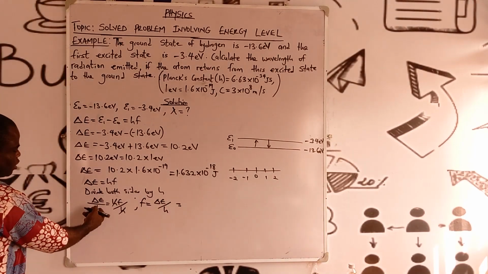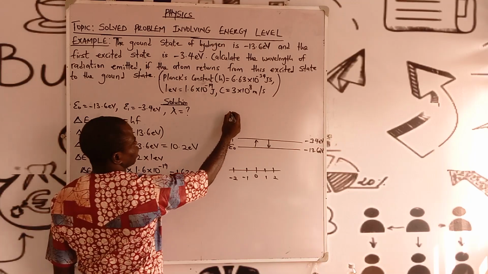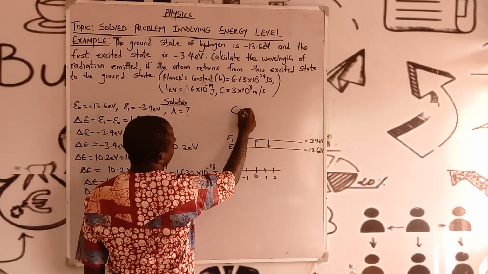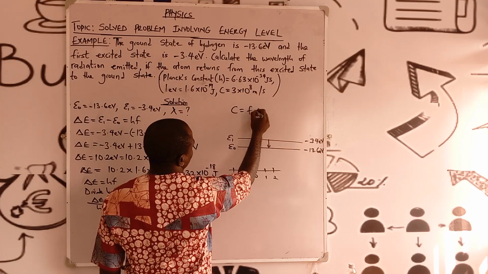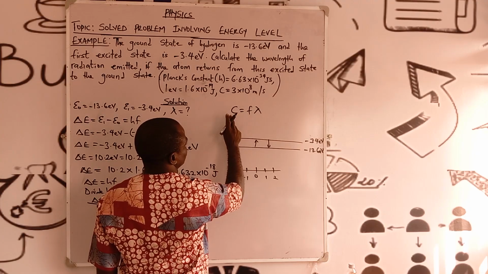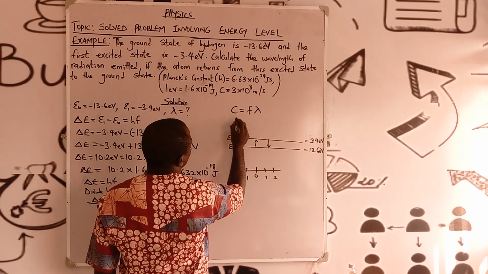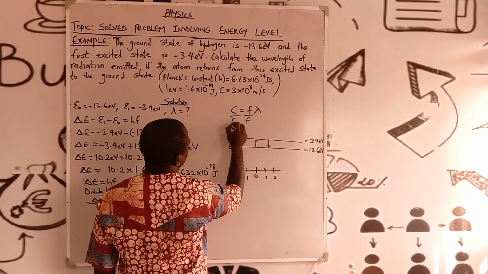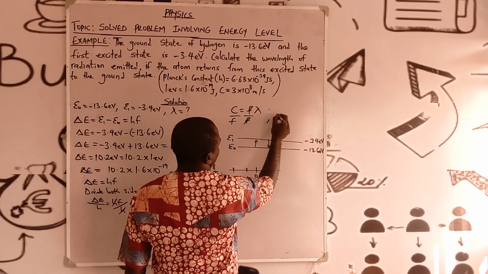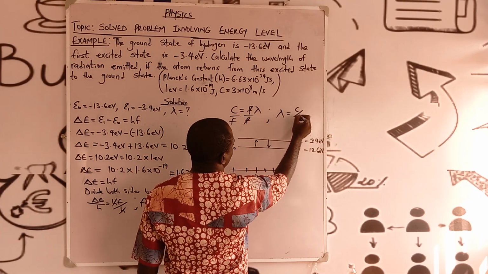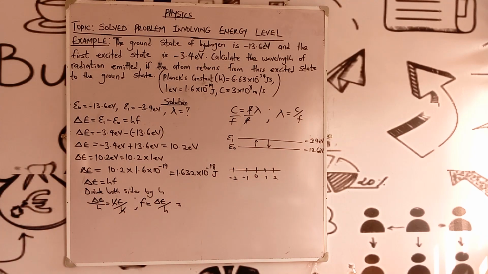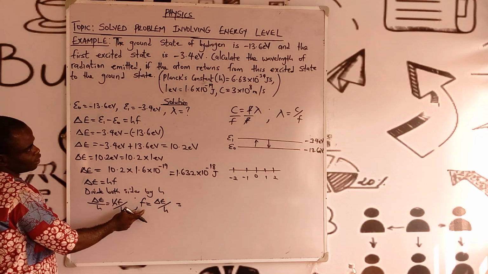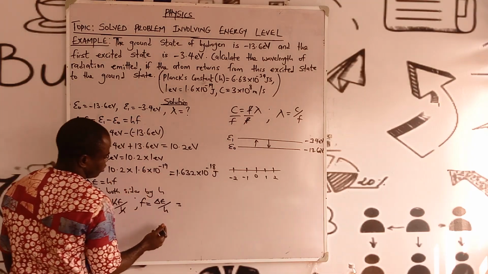Don't forget that your speed equals f lambda. Now you are looking for wavelength, so divide both sides by f. Your wavelength equals speed over frequency. Now we have to get our frequency first before we use this formula.